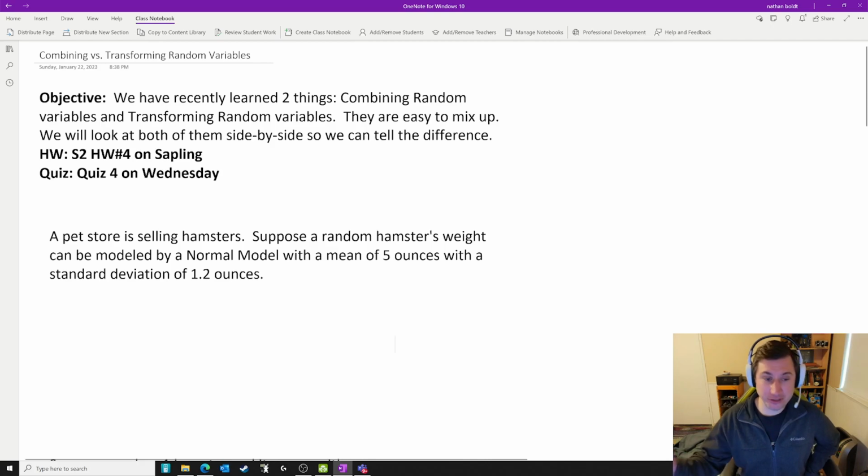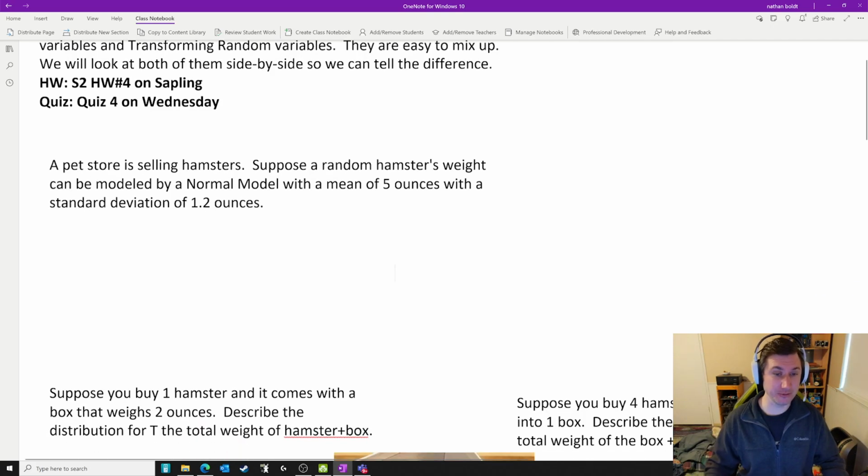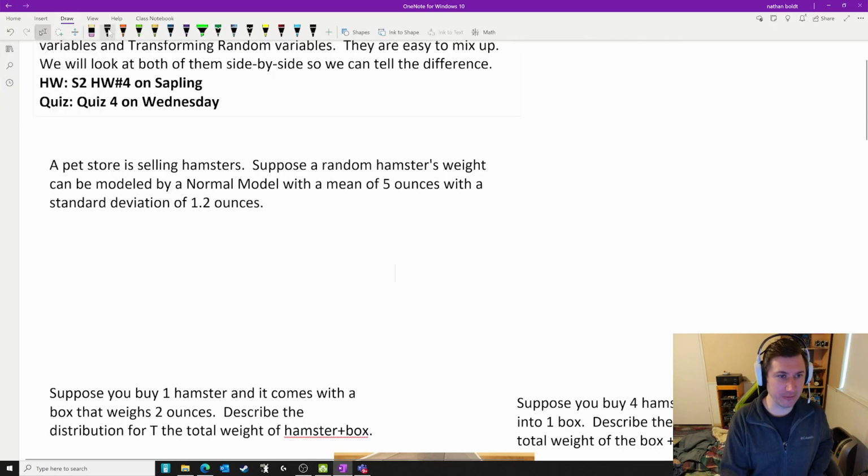All right, so here's our first scenario. A pet store is selling hamsters. Suppose a random hamster's weight can be modeled by a normal model with a mean of 5 and a standard deviation of 1.2. So let's call this random variable x. So x is equal to the weight of a hamster.